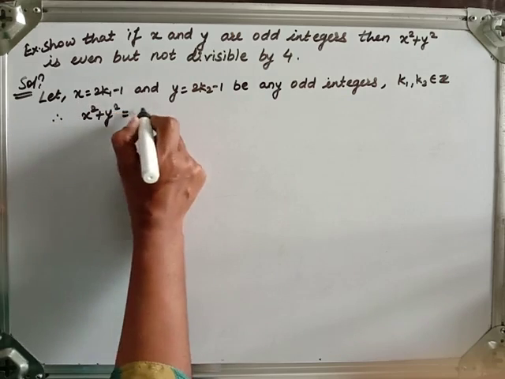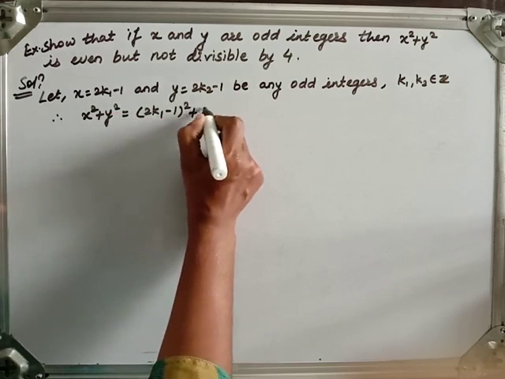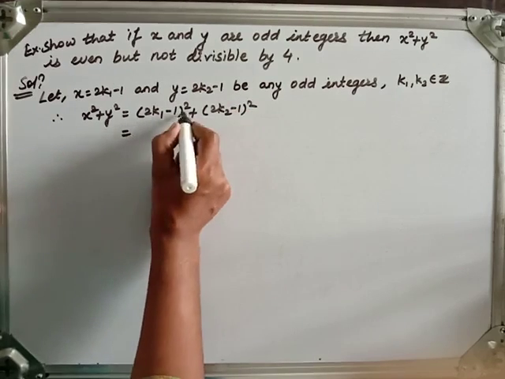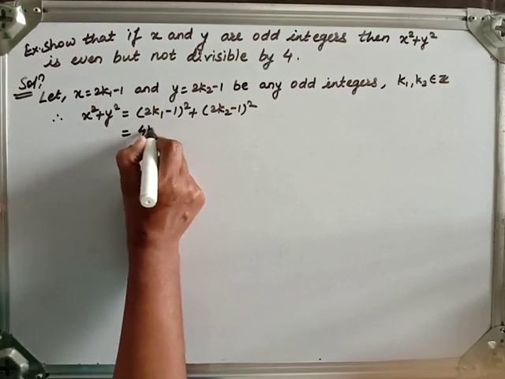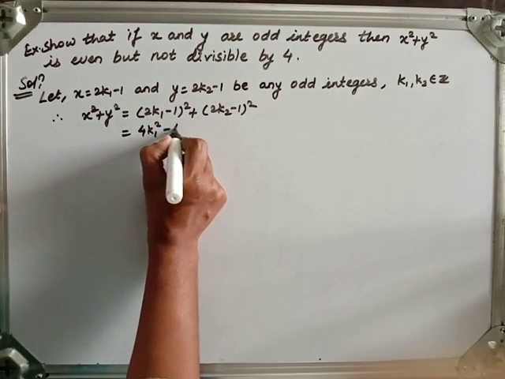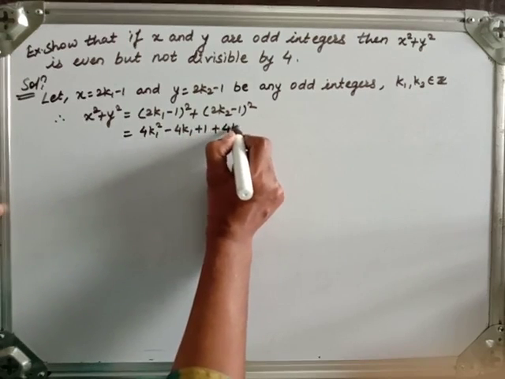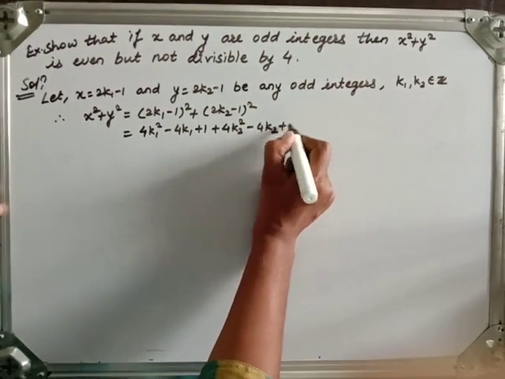Now let us compute X square plus Y square. That means (2k1 minus 1) square plus (2k2 minus 1) square. Using the (a minus b) whole square identity, we get 4k1 square minus 4k1 plus 1 plus 4k2 square minus 4k2 plus 1.